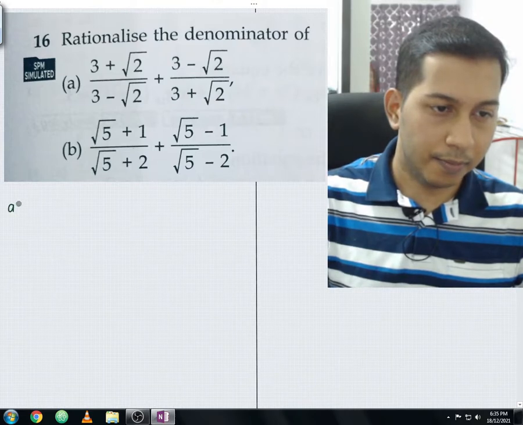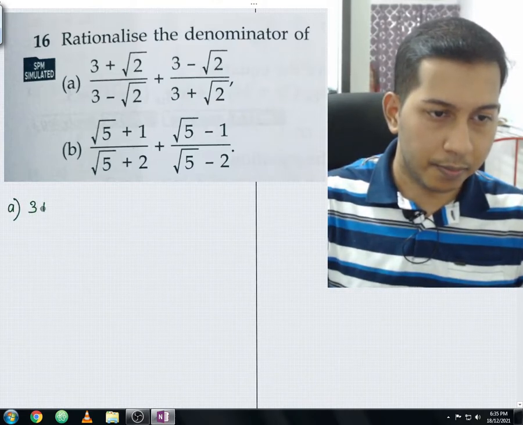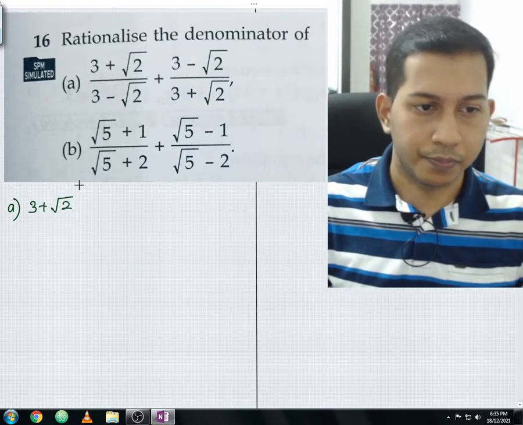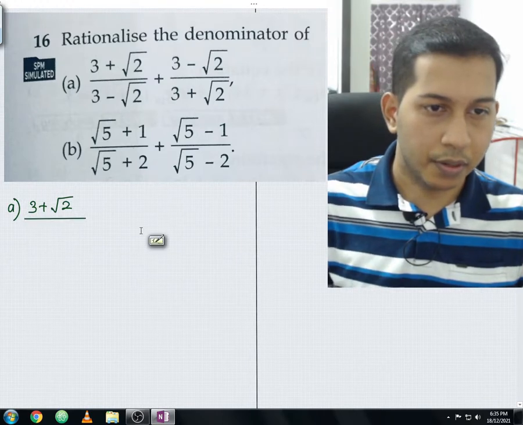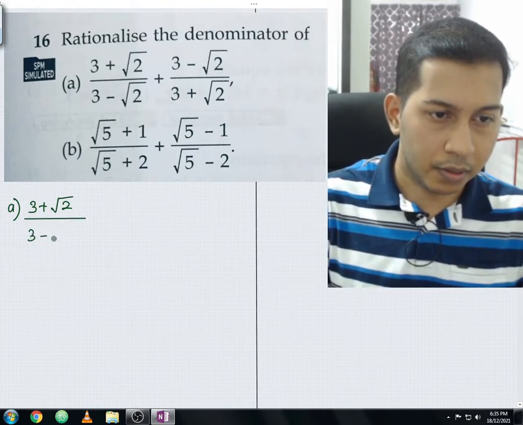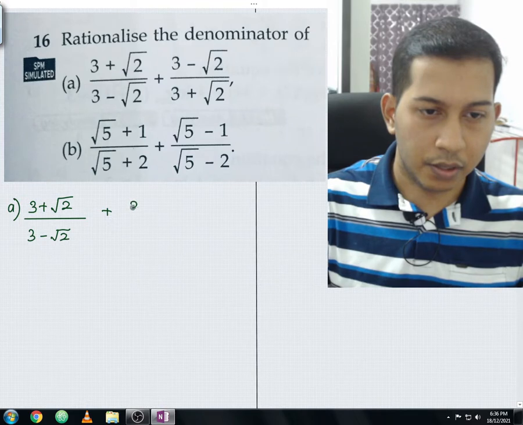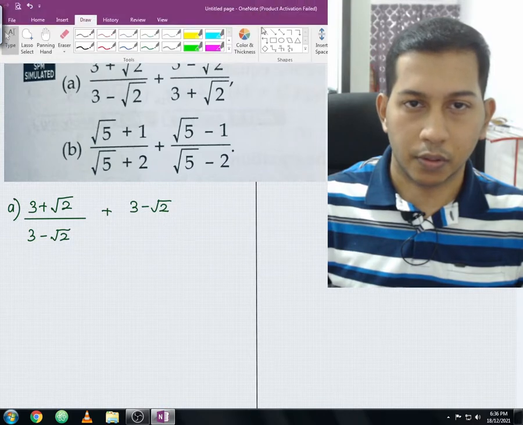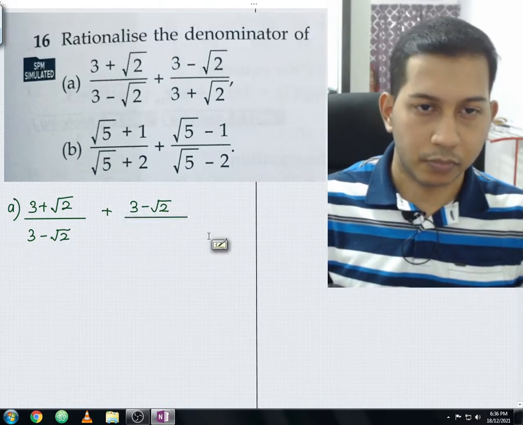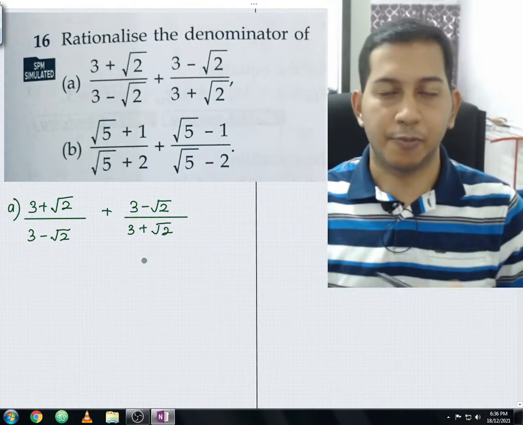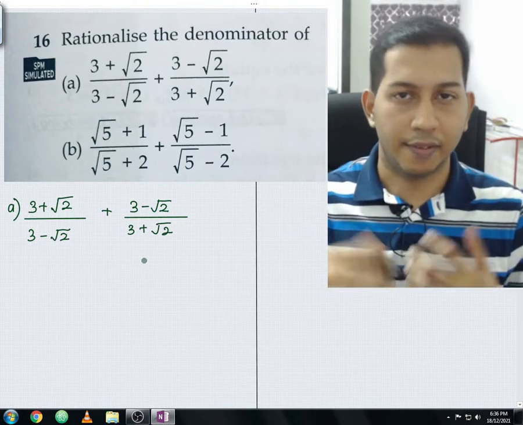For question part A, (3 + √2), let me underline the fraction, divided by (3 − √2), plus (3 − √2) divided by (3 + √2). The steps are pretty similar to the previous example that I have explained to you.